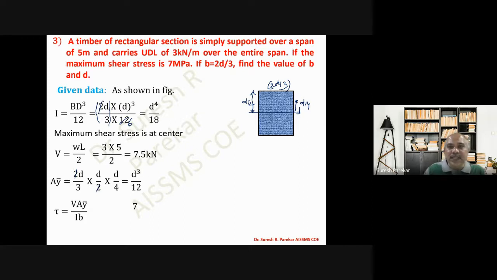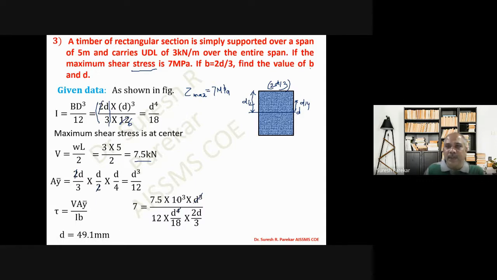Tau max is given, you can see maximum shear stress is given as 7 MPa. Then we substitute: 7 is equal to 7.5, this is my shear force, into 10 raised to 3 into D cube upon 12 into D4 upon 18, 2D upon 3. So this D cube gets cancelled, and then we have the value of D from here, 49.1 millimeter.